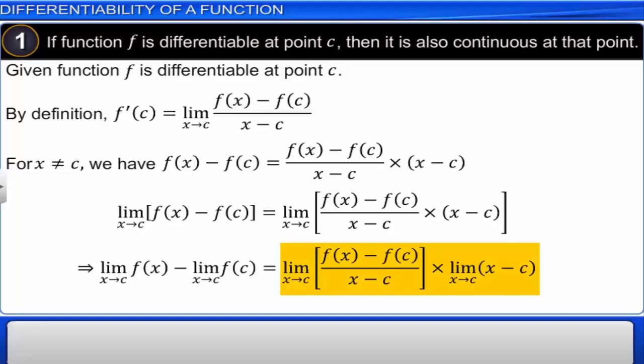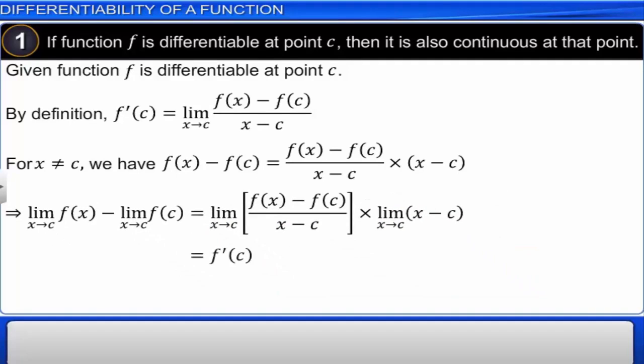The limit of (f(x) - f(c)) divided by (x - c) as x approaches c is f'(c), and the limit of (x - c) as x approaches c is 0. Thus, the right-hand side becomes 0.